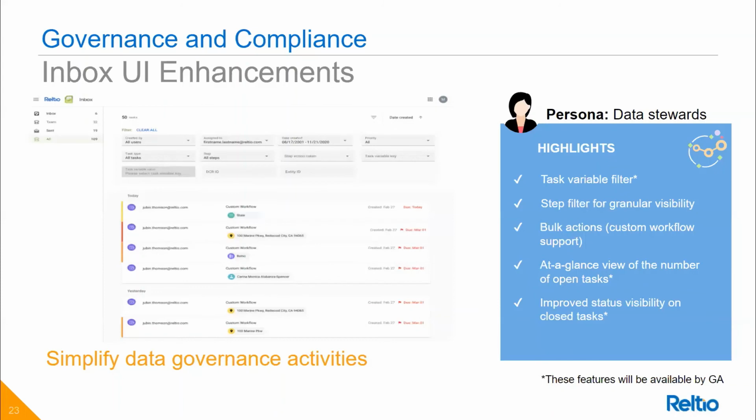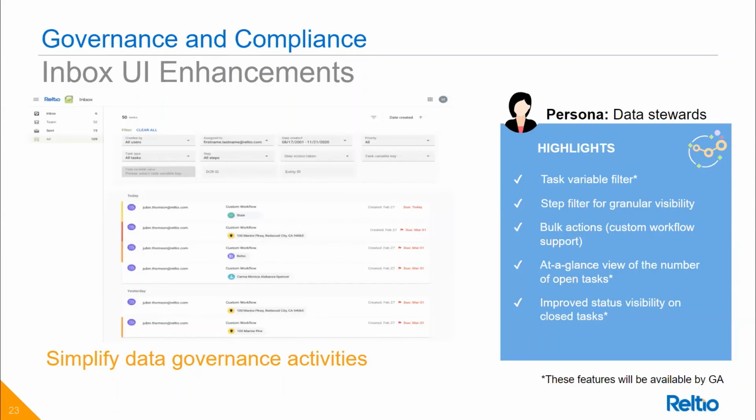On top of it, this filter will also enable your data stewards to use the bulk action capability we released in 2021.1 with custom workflows. When we released this bulk action in the last release, it was only applicable for out-of-the-box workflows. And with this release, we are very happy to extend that to your custom workflows as well.